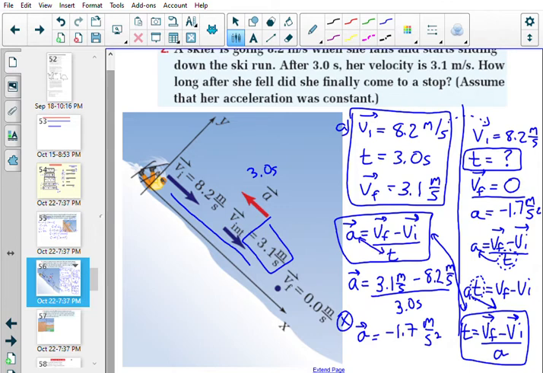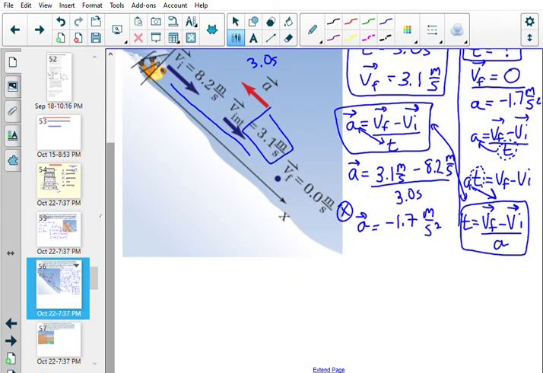You just bring the t up and the a down. So now I'm going to plug the numbers into that formula and give myself a bit more room. So my VF is 0. Subtract my VI, which was 8.2.